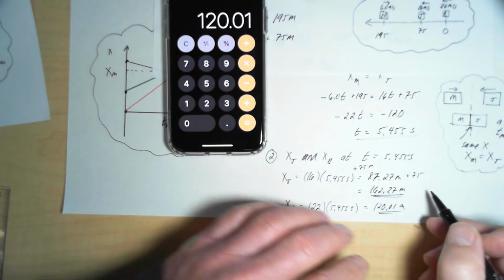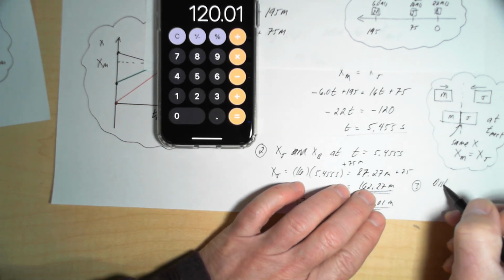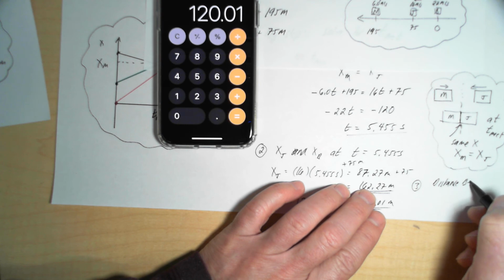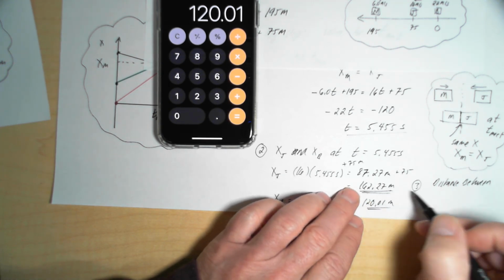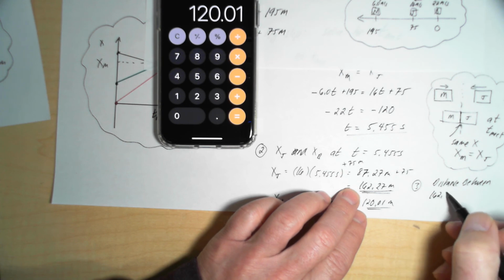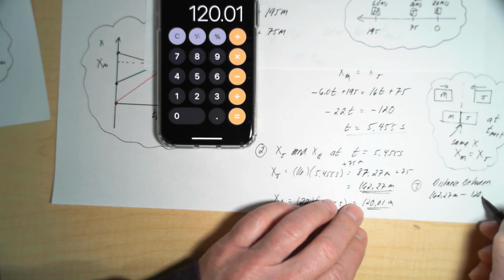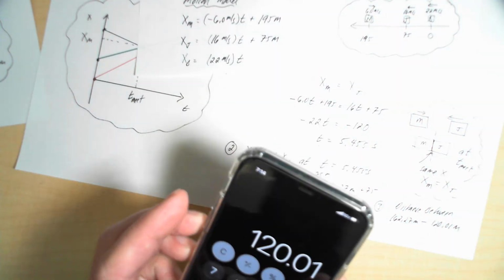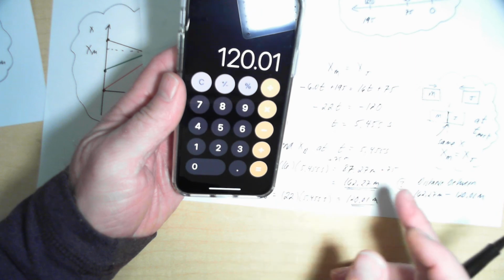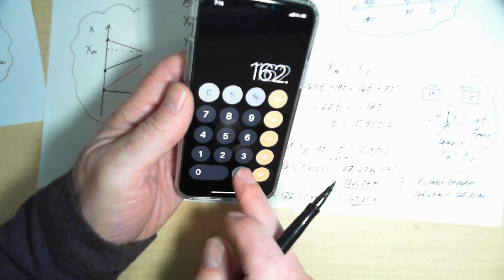And so how far apart are they? This is the final answer. The distance between: Justin is at 162.27 meters minus 120.01 meters. I know this is kind of small here, but all right. So I've got 120.01 and I'm just going to subtract that from 162.27.